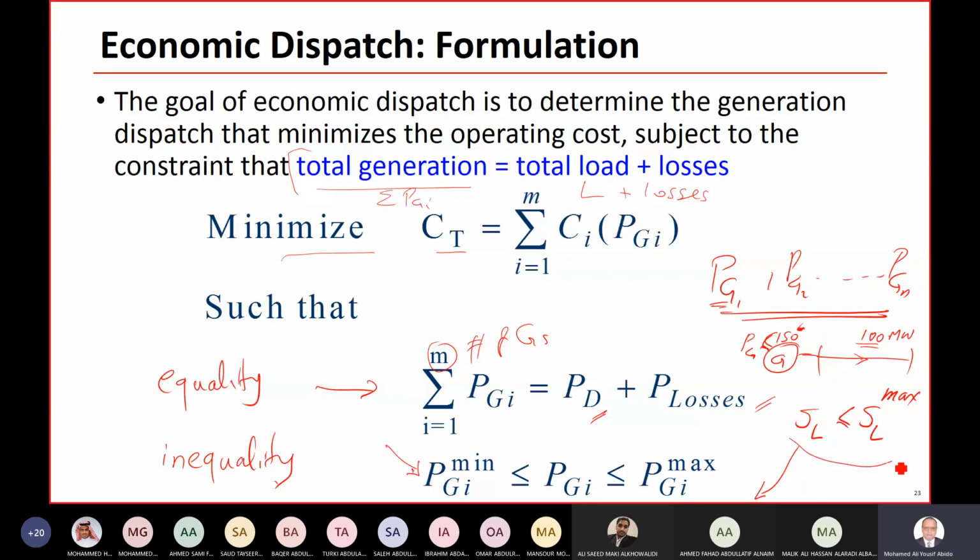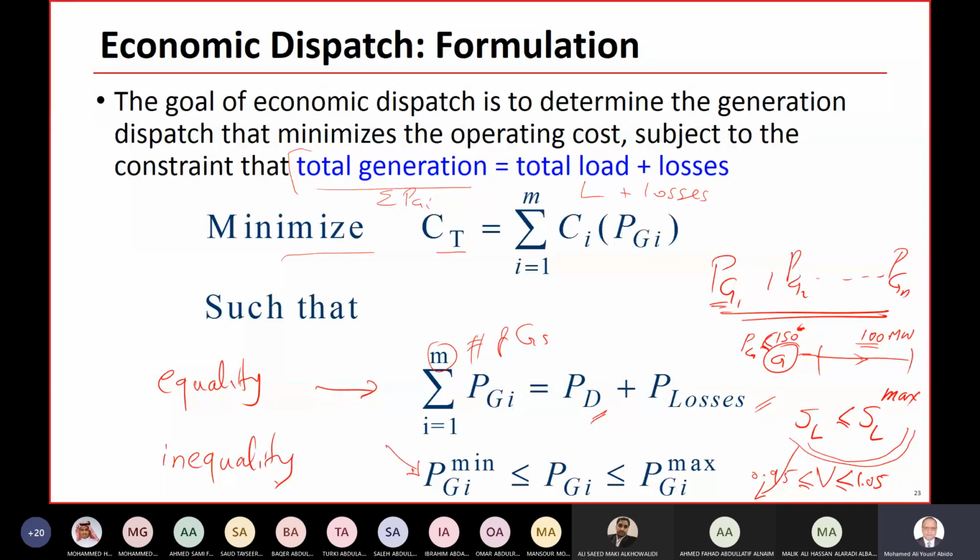So you can also complicate the problem by adding other constraints. You can say, for example, voltage at all buses must be within the bounds 0.95 to 1.05.